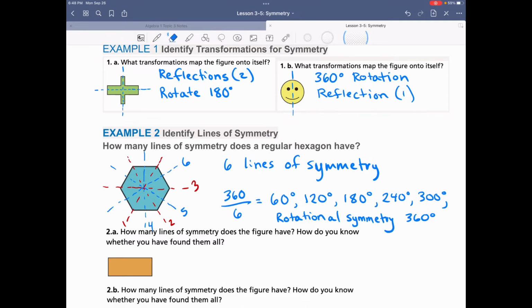Okay, so I'll highlight those different colors so you can see the difference. We have lines of symmetry, and then we also have rotational symmetry, which is all of these 6 different ways that we can rotate it before it comes onto itself again.